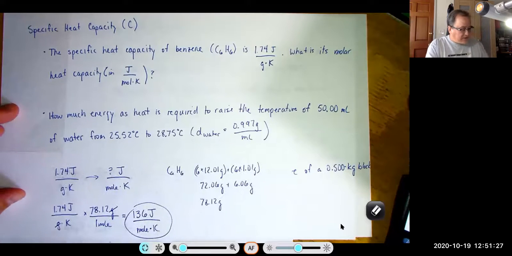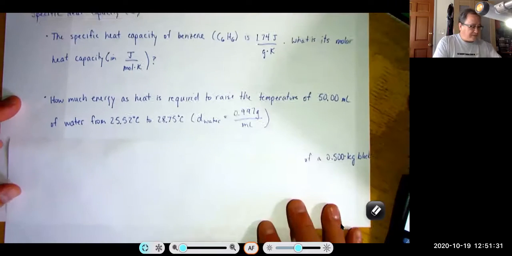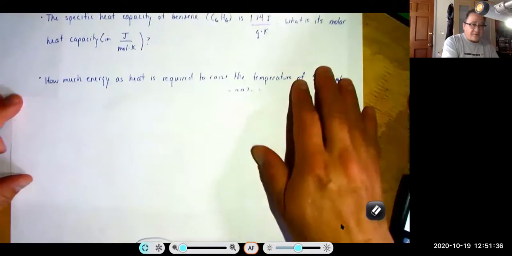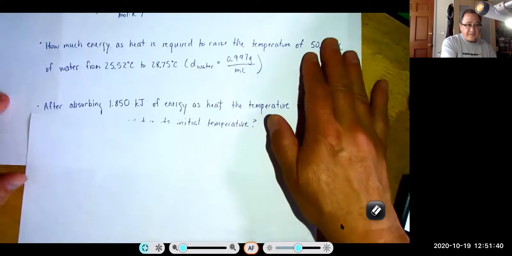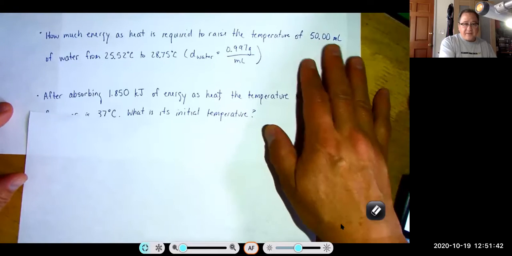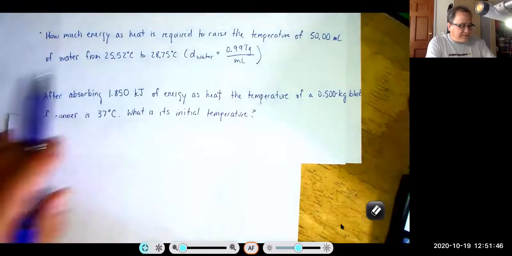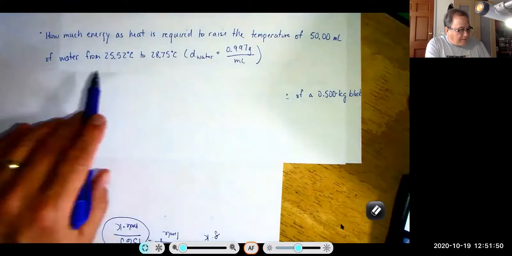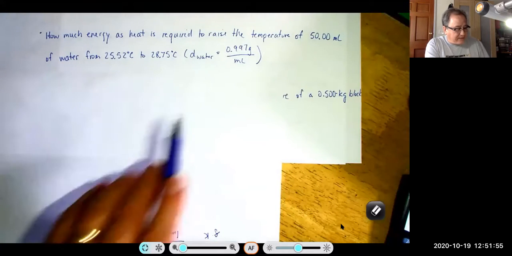Now, here's the next question. Let me move things up here a bit so we can focus on the question. How much energy is required to raise the temperature of 50 milliliters of water from 25.5 degrees Celsius to 28.75 degrees Celsius?